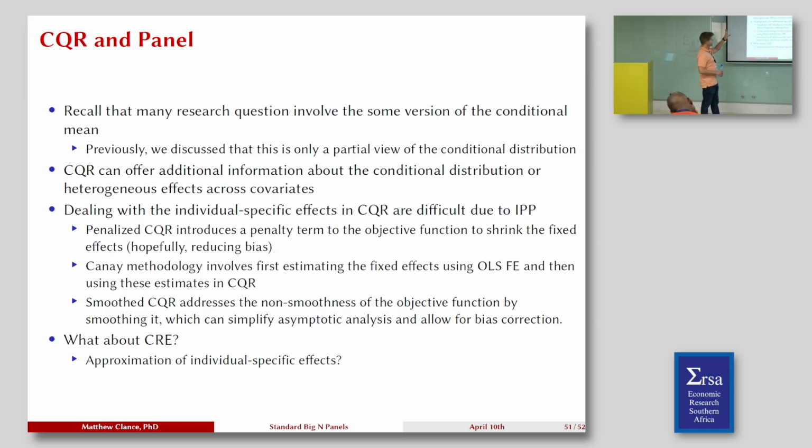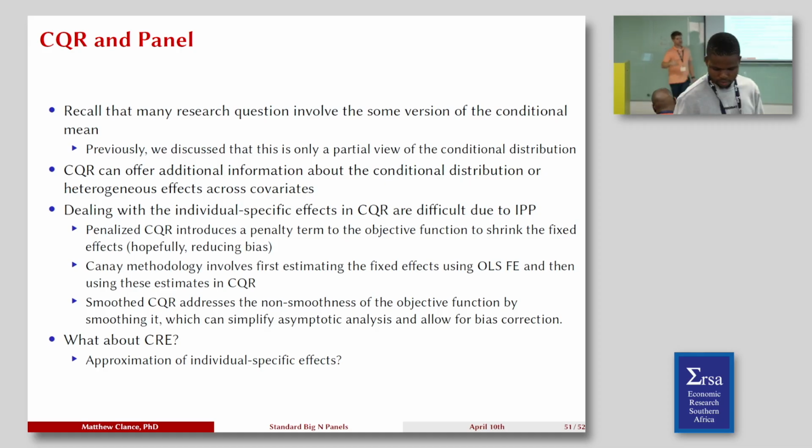The CQR can offer additional information about the conditional distribution and the heterogeneous effects. At the same time, we can try to include individual specific effects in the CQR, but again, we're haunted by the IPP. But we have a few methods that we've developed to deal with this, one of which is the penalized CQR.